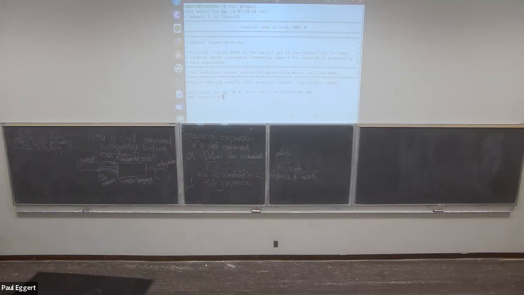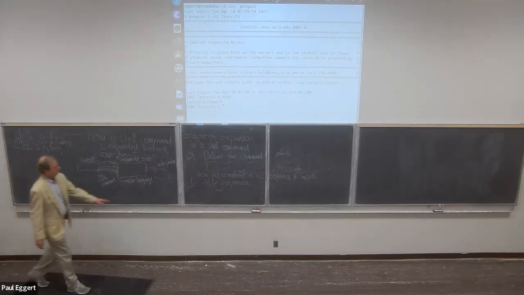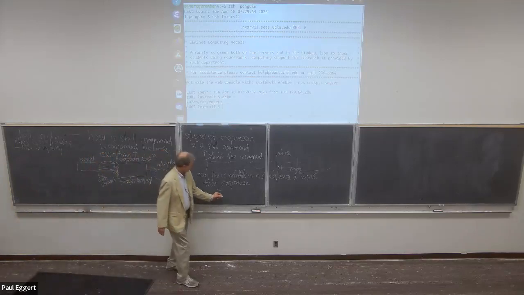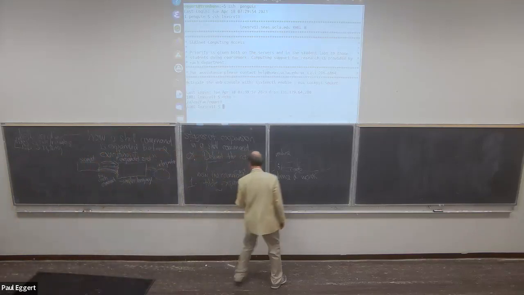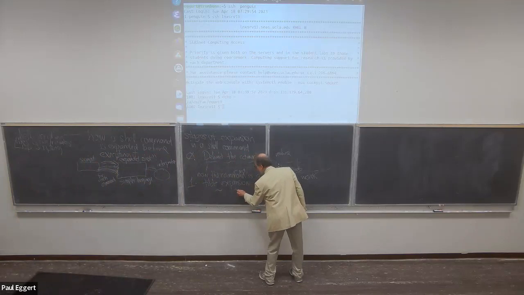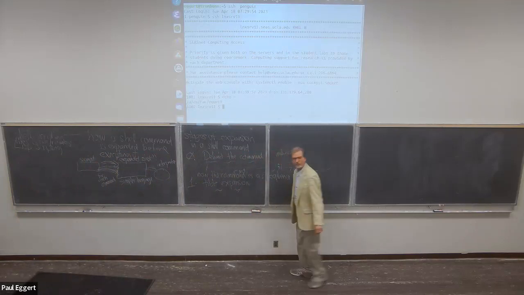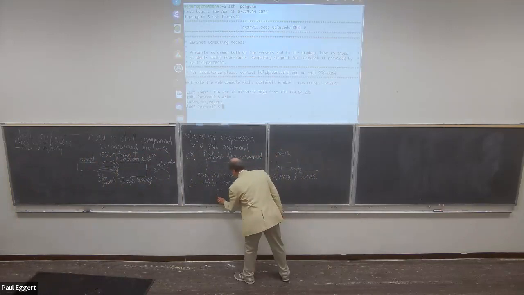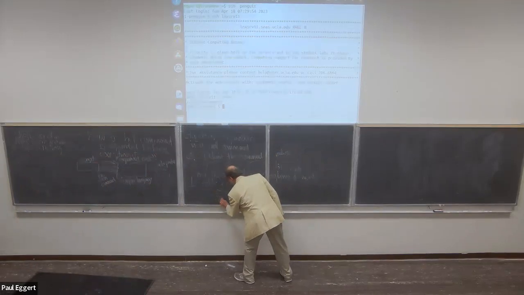So for example, here, I can say echo tilde. What the shell is going to do is it's going to expand that tilde into the name of my home directory, which on CSNET is UCS-FAC Eggert. And in effect, the tilde gets expanded that way. Tilde expansion also will occur with a word that starts with this. Here's your word start.